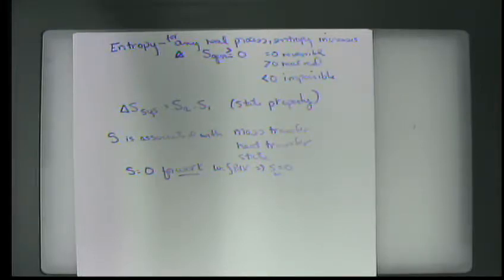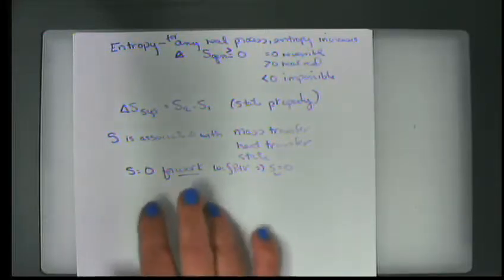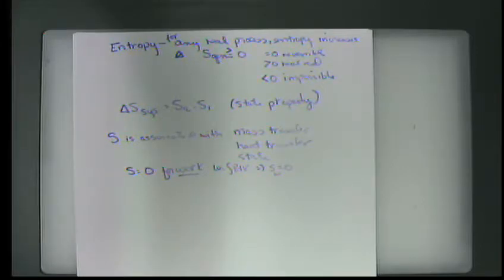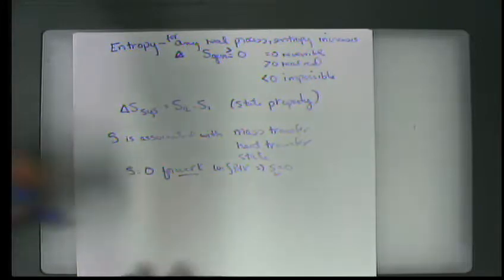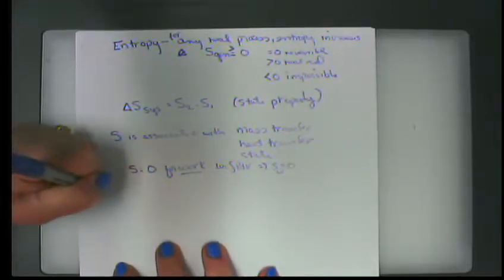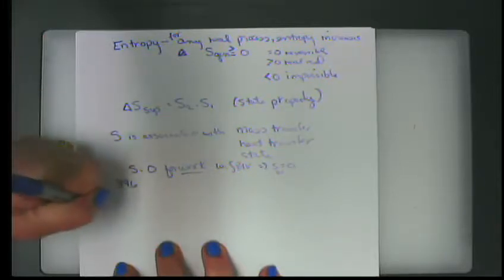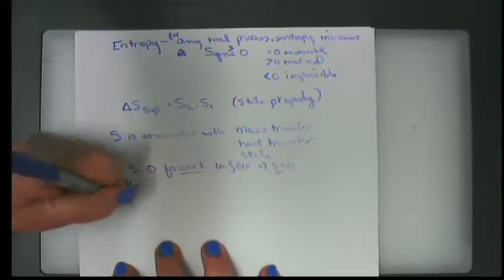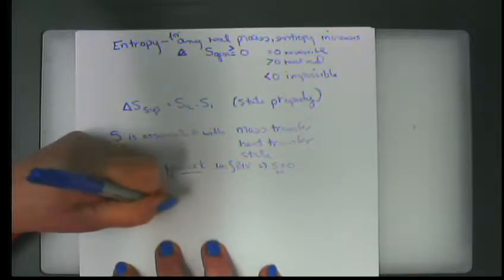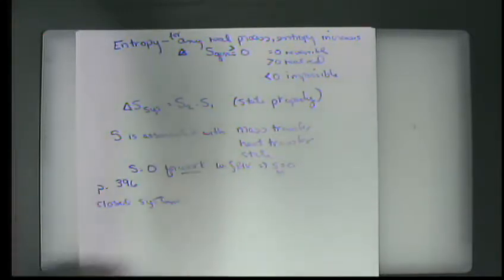All right. So I'm going to write an equation up for you, and then we're going to talk about where the terms would come from when you're working your homework. I'm going to the chapter review, looking at page 396. We're going to talk about entropy for a closed system, first of all.